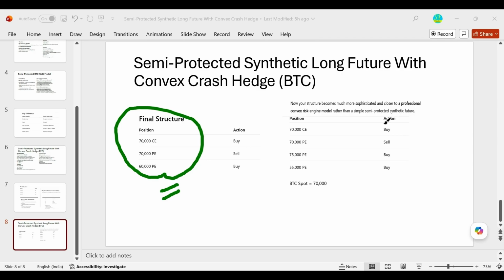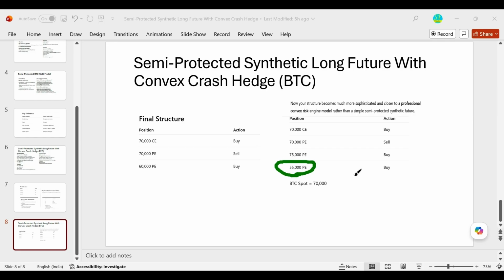To make it more sophisticated, close to a professional convexity risk engine model, what I will suggest is: the 60,000 put you are taking, make it far out of money. The 60 put will have a lot of theta, so I do not want to pay that much theta. Rather, go down by another 5,000 points, go for the 55,000 put.